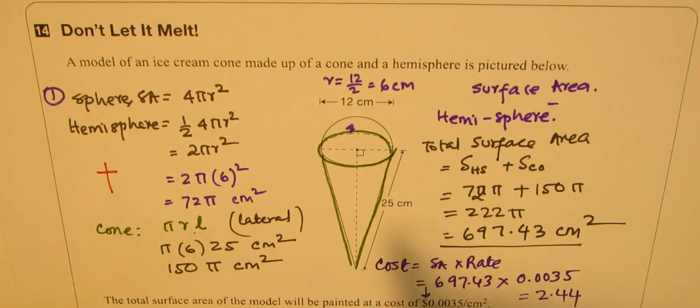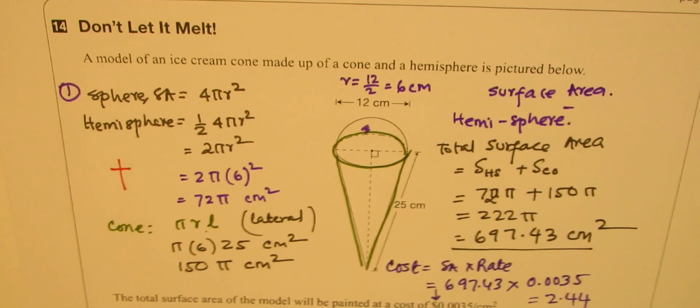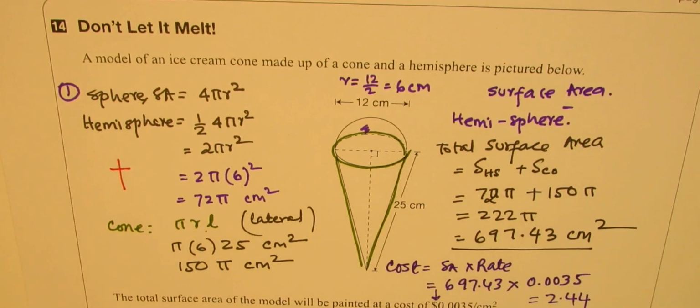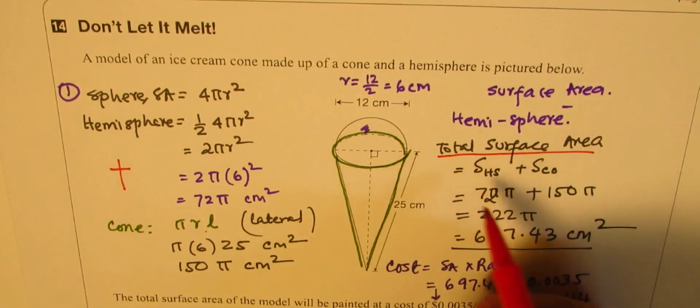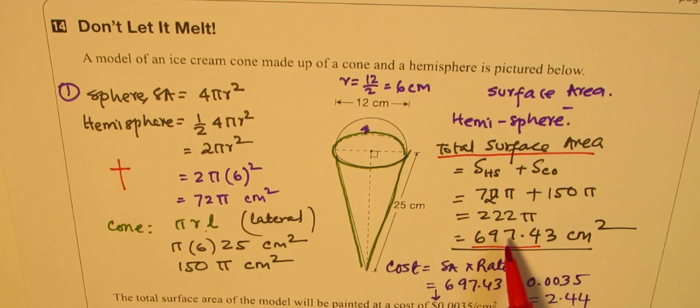L is given to us as 25. Substituting 25 for l, 6 for radius, we got 150 pi centimeter square as the surface area for the cone. Now, total surface area is a combination of both of them. So we just added them up, got a value of 697.43, multiplied the surface area with the rate given to us to find the total cost. Is that clear? Perfect. So that is how you solve this particular test paper.